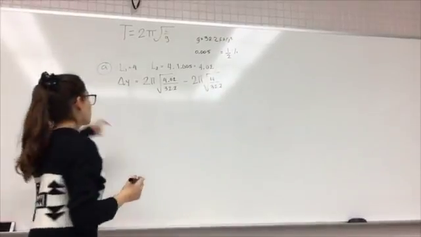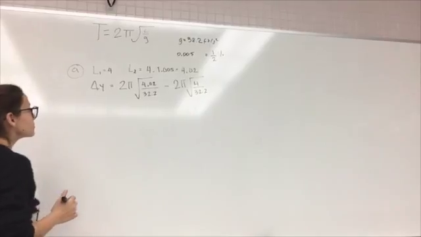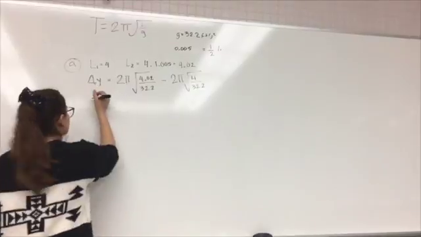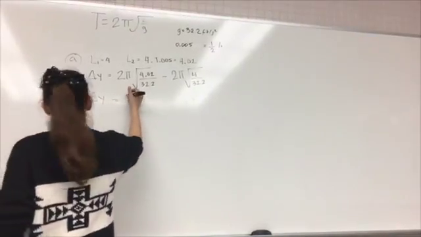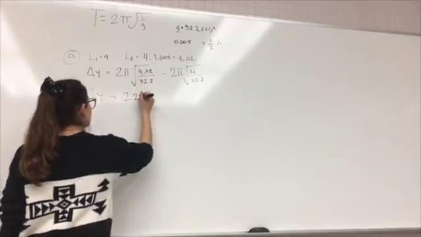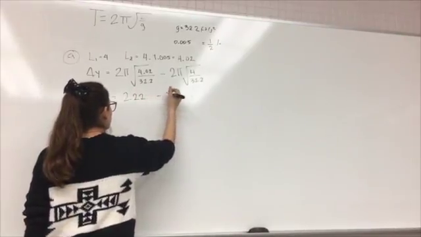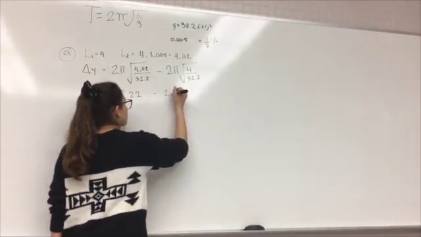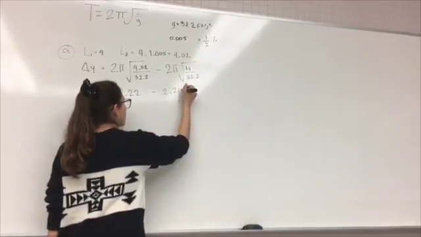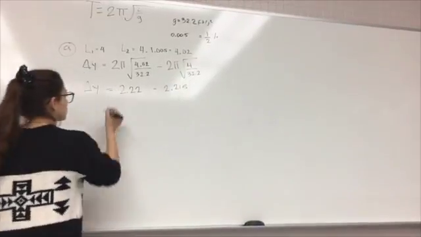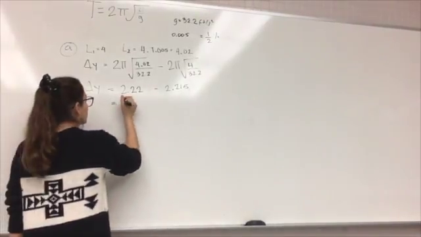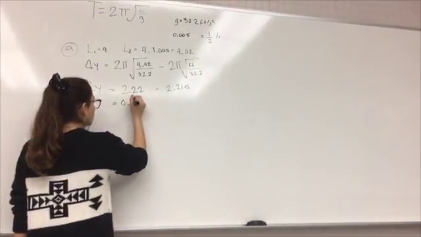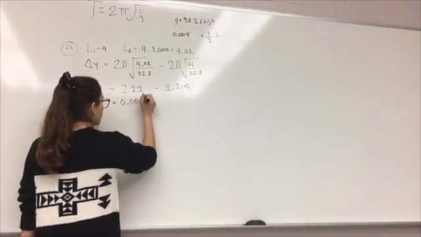If you solve this in the calculator, you should get delta y equals 2.22 minus 2.25, which should give you the change in the period, which is 0.005.